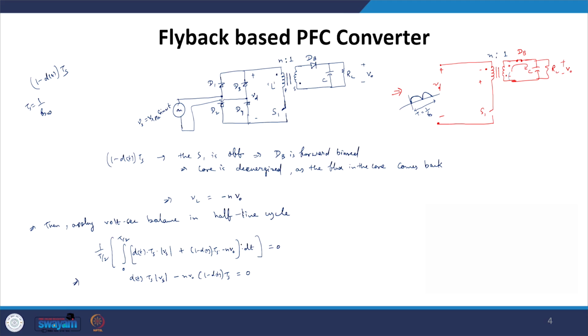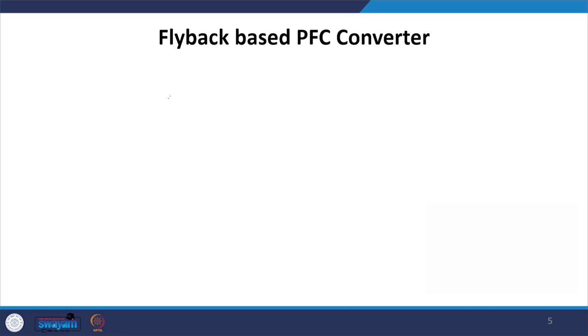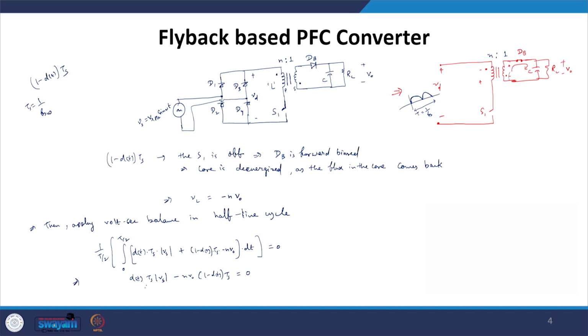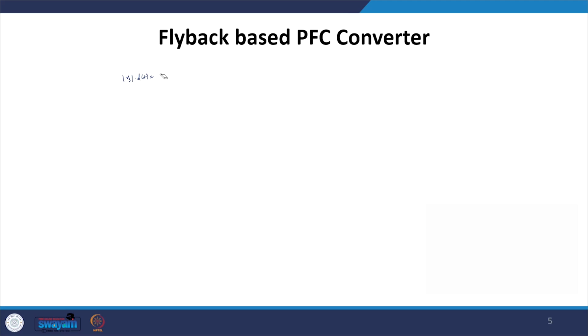So, in this particular case, when we further rearrange, what we get is modulus Vs d of t, because this Ts will get cancelled out, and what we have is nothing but equal to n V naught times 1 minus d of t.